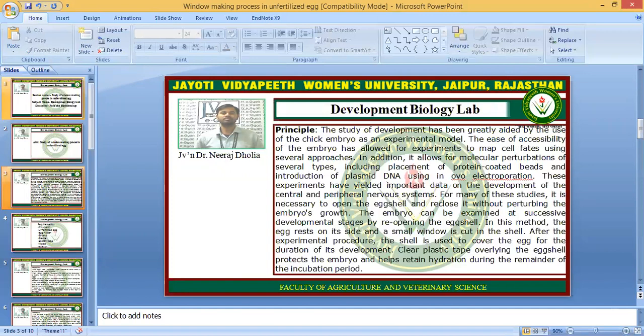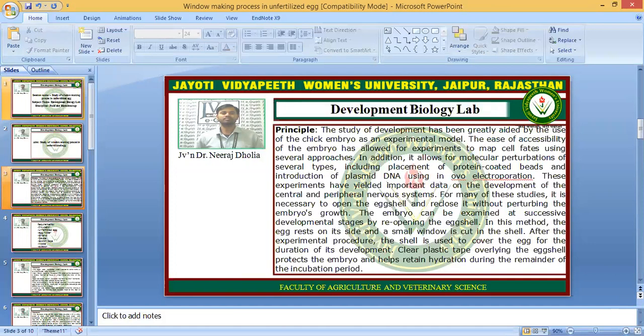These experiments have yielded important data on the development of the central and peripheral nervous system. For many of these studies, it is necessary to open the eggshell and reclose it without perturbing the embryo's growth. So the embryo can be examined at successive developmental stages by reopening the eggshell. In this method, the egg rests on its side and a small window is cut in the shell.